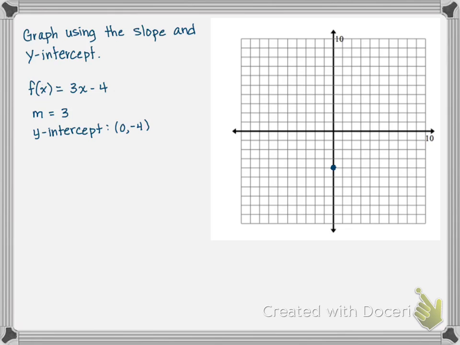So if we start at the point we know on the graph, and we increase x by 1 unit, so go to the right one, my slope tells me that y increases by 3. So 1, 2, 3. And now I have my 2 points, and I'll draw a straight line through them.